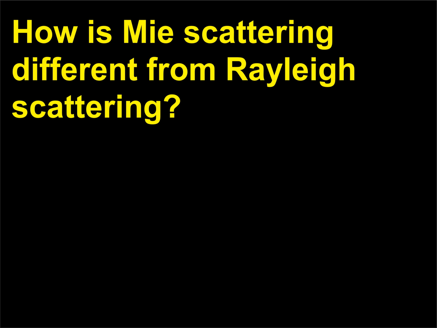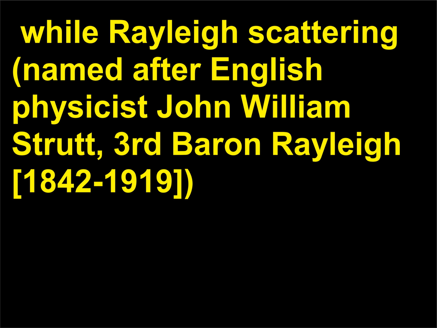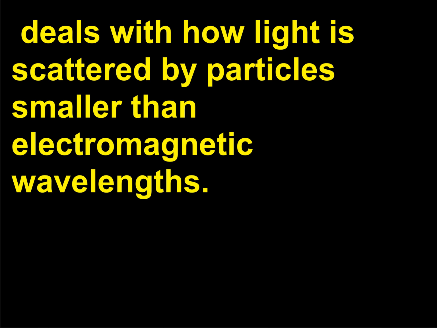How is Mie scattering different from Rayleigh scattering? Mie scattering deals with energy waves by particles larger than the wavelengths of light, while Rayleigh scattering, named after English physicist John William Strutt, 3rd Baron Rayleigh, 1842–1919, deals with how light is scattered by particles smaller than electromagnetic wavelengths.